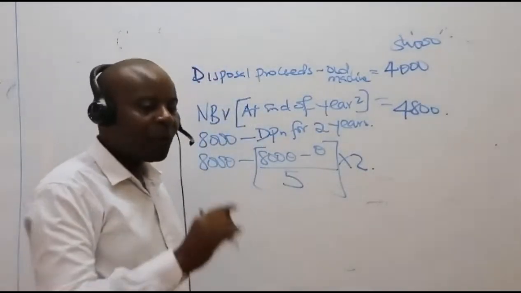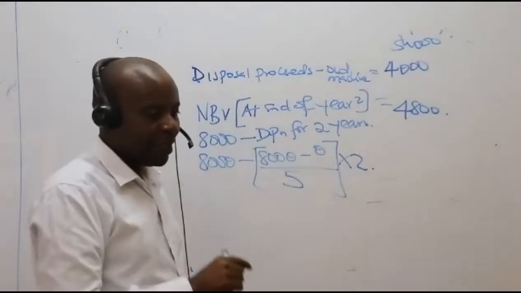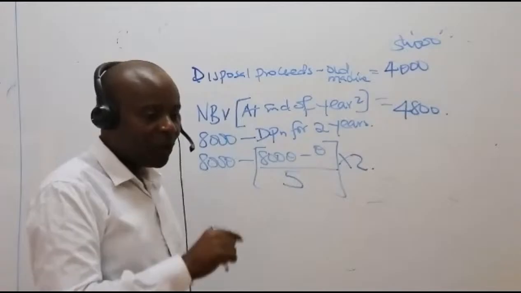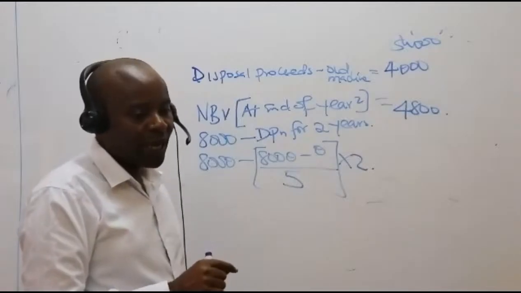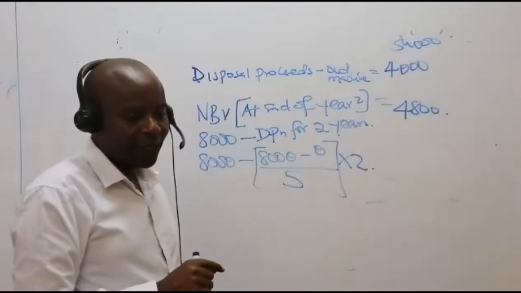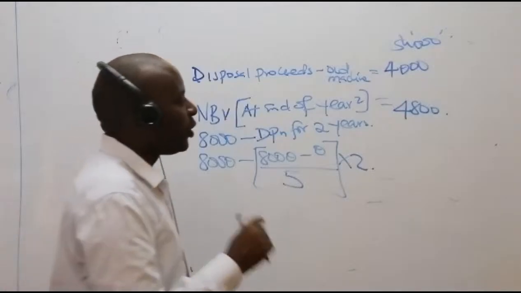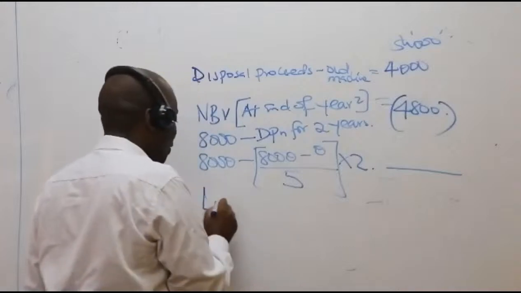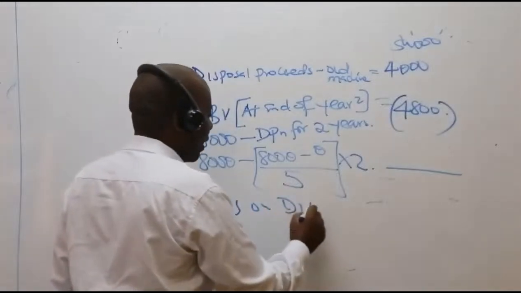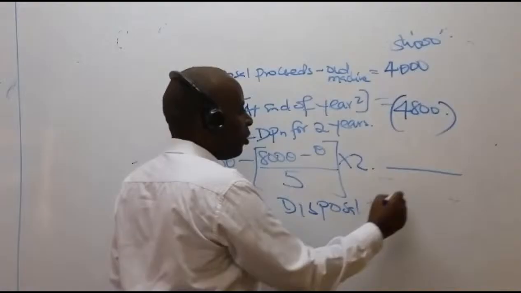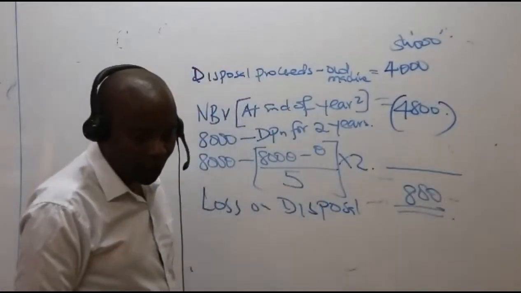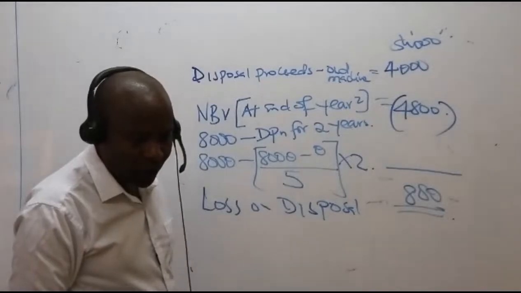Or 3.2 is accumulated depreciation. So 8,000 minus 3,200 gives us 4,800. So, ladies and gentlemen, in this case here we have a loss on disposal of 800.